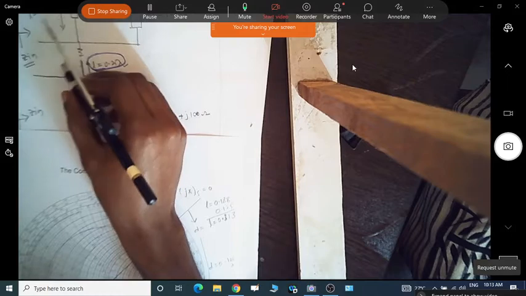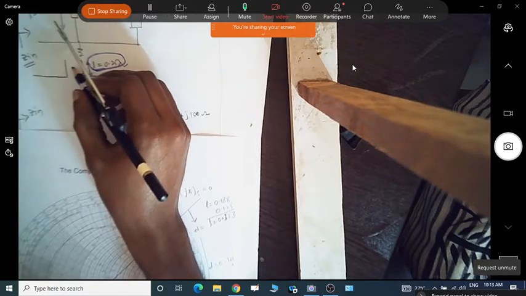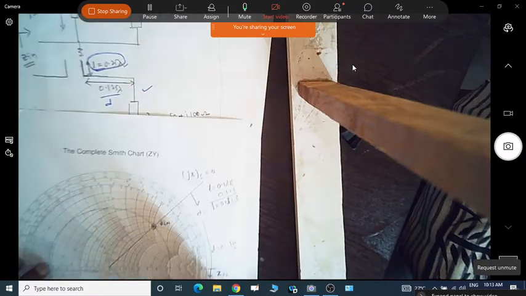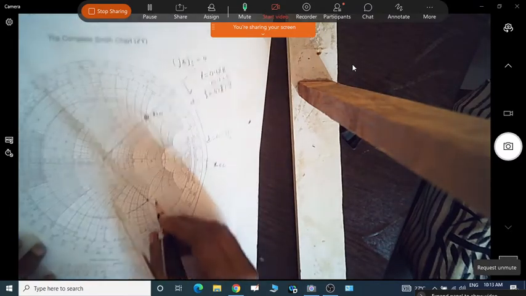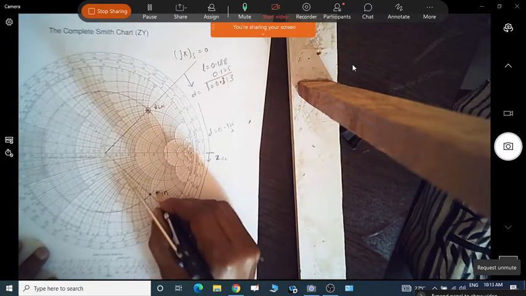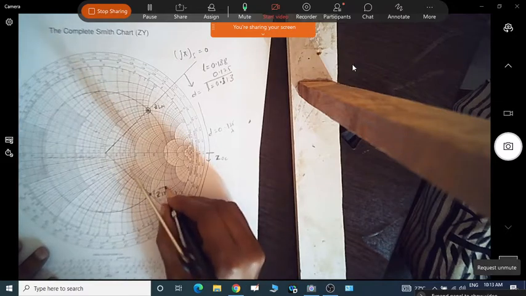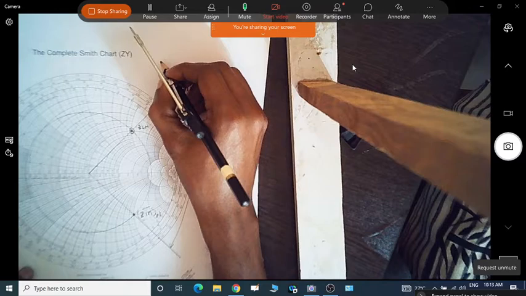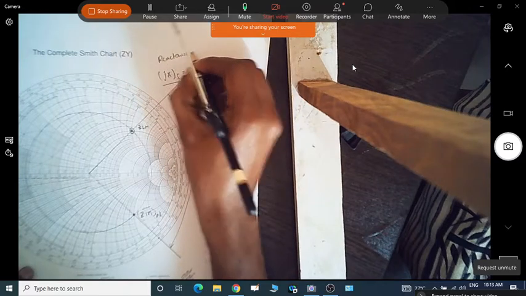Now for this we have to add the reactance of the stub. Since the reactance of the stub is 0, the input impedance is the same value. The input impedance is the normalized value, the same here, because the reactance offered by the stub is equal to 0.